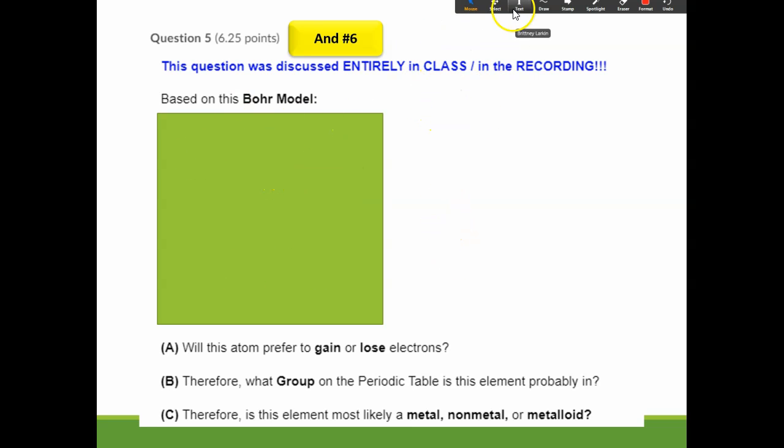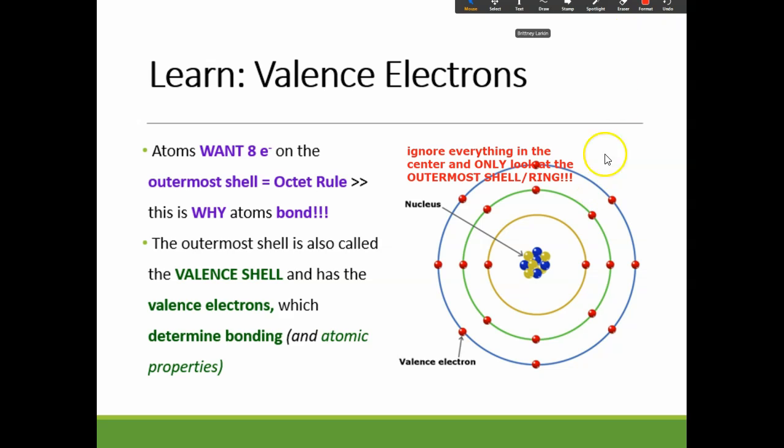But again, for the Bohr model, you need to ignore everything in the center and only look at the outermost shell ring, okay? So you should only be looking at this outermost shell. Ignore every other shell, ignore the nucleus, ignore the smaller shells.